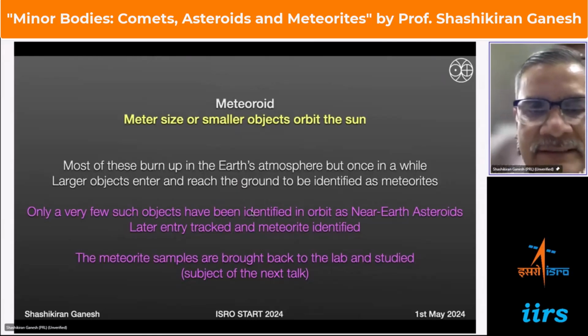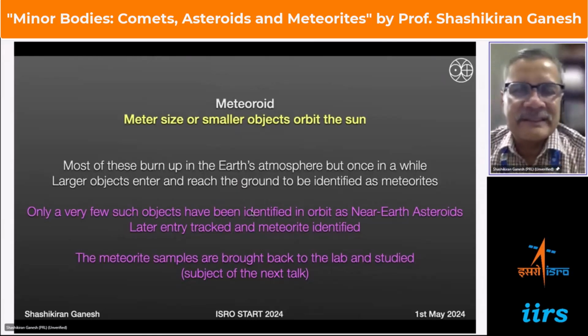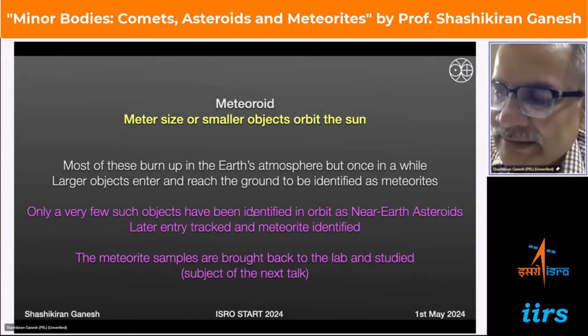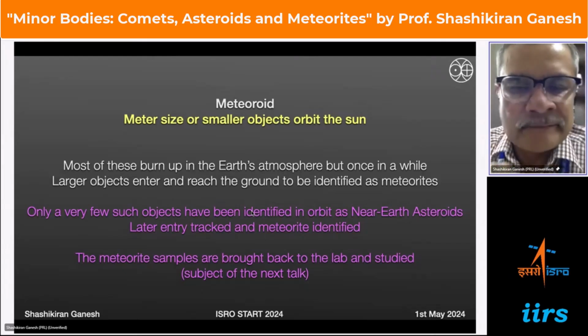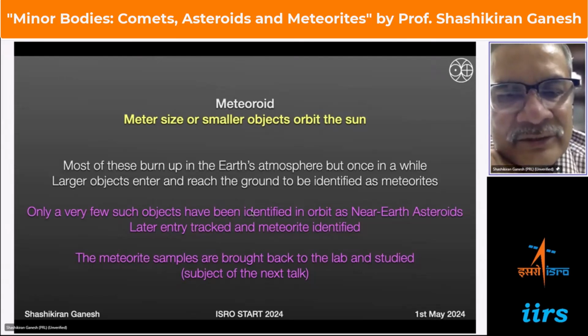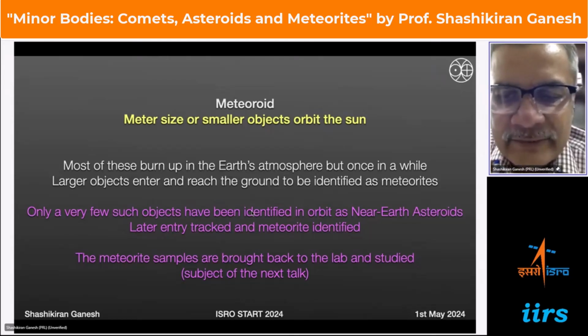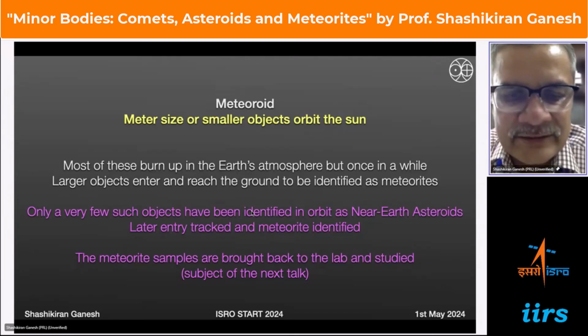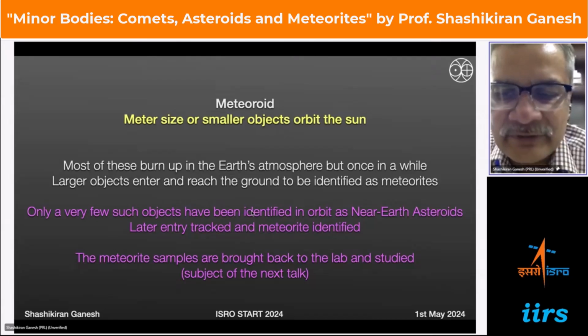Typically, these meteoroids are meter-size or smaller objects, and normally we don't really see them as asteroids. But once in a while, when they come close to the Earth, we are able to actually track them. There have been a few objects which were first identified as near-Earth asteroids, and later on they were tracked, and it was predicted that they would fall at such and such location.